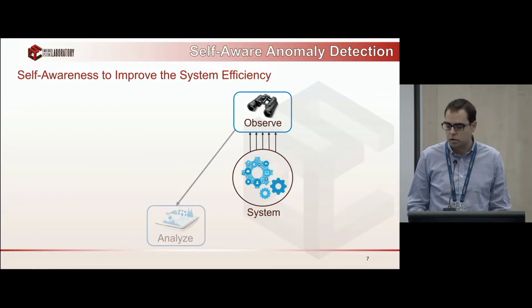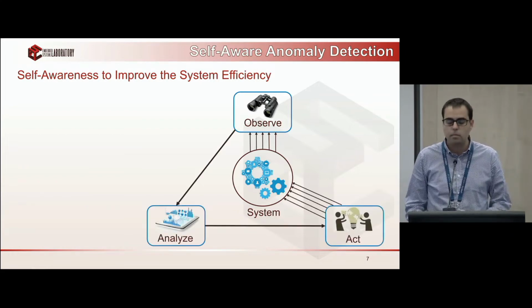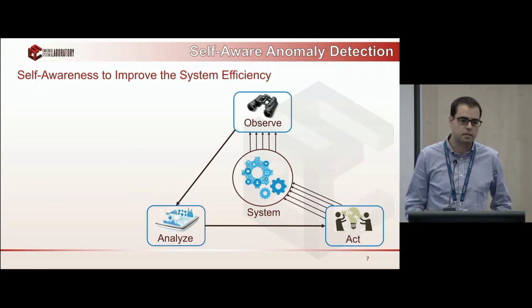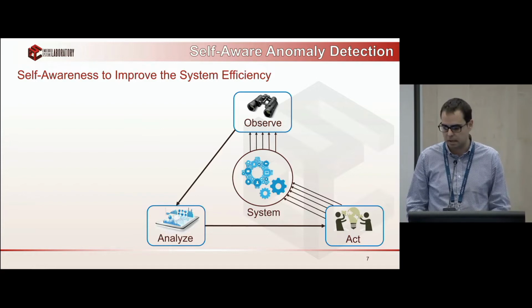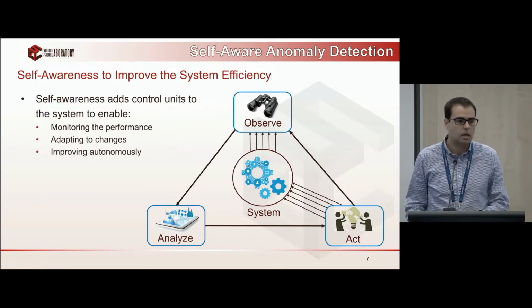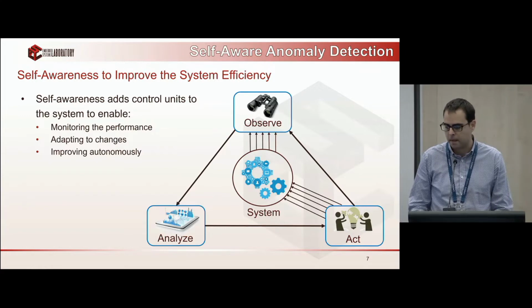From this observation, you can analyze the performance over time and modify the behavior of the system. So you are able to adapt over time how the system is performing. Self-awareness basically adds control units to monitor the performance, adapt to changes, and improve autonomously.